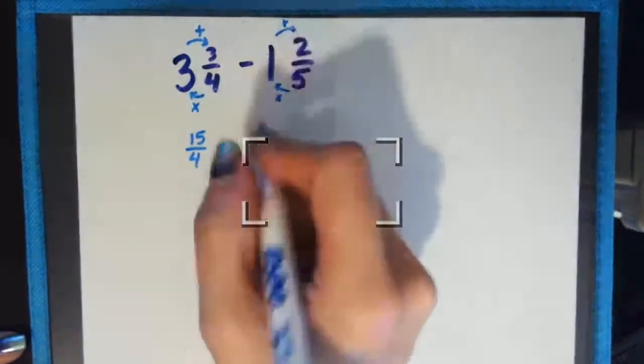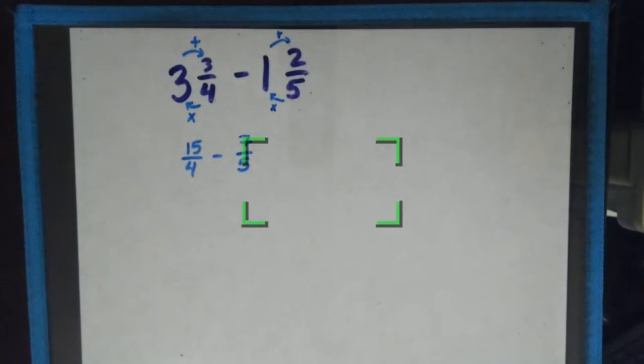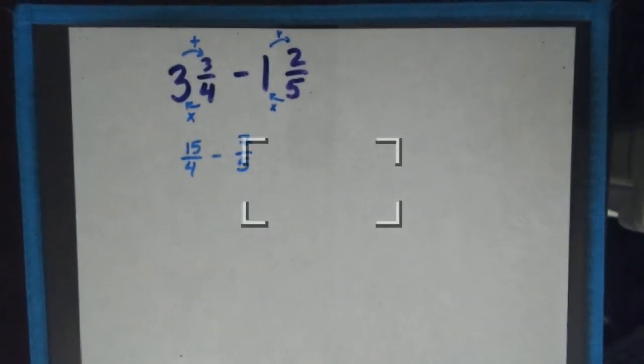That's 5 plus 2 is 7 over 5. Now when we're adding and subtracting, we have to have a common denominator first. So right now we're looking at 15 fourths minus 7 fifths.